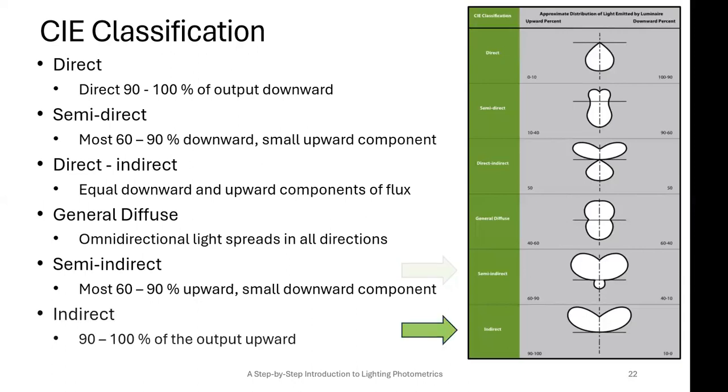And then the last one is indirect. We have a lot of indirect luminaires out there where most of the light goes up. So look at this, 90 to 100% of the output upward. What that means is you can have 10% of the light coming down.